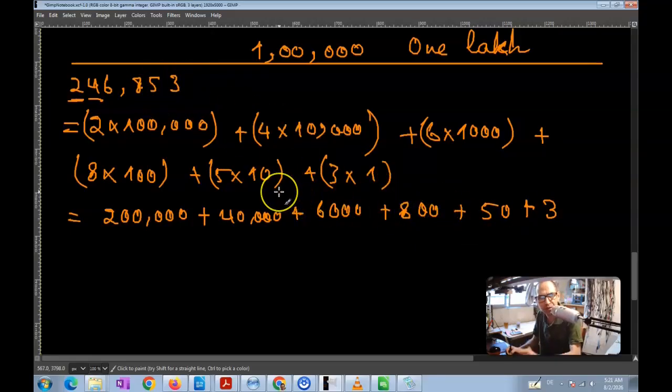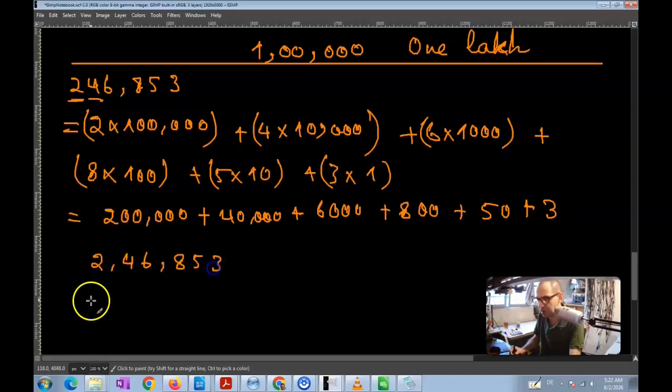That's your number. Now the same number in the Indian system, you would write it as 2,46,853. That's your number in the Indian system.